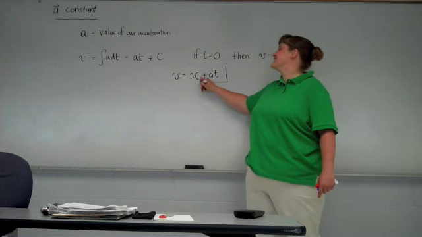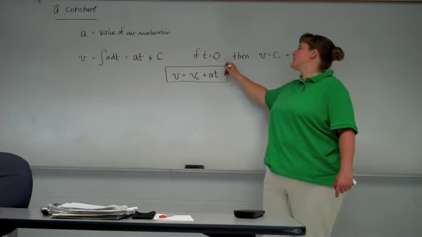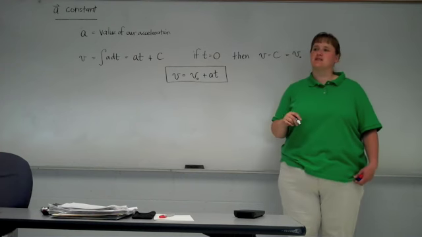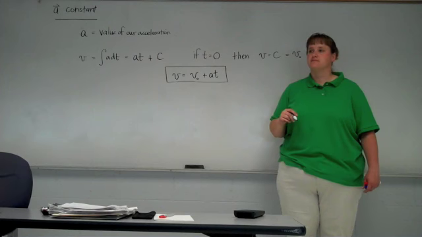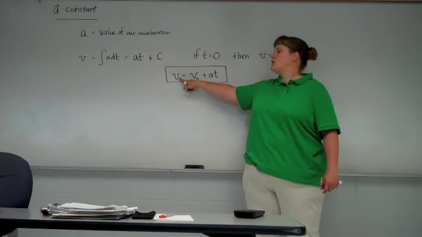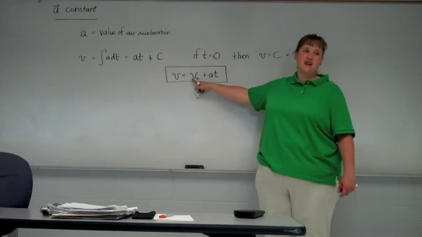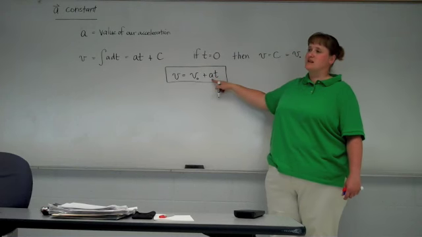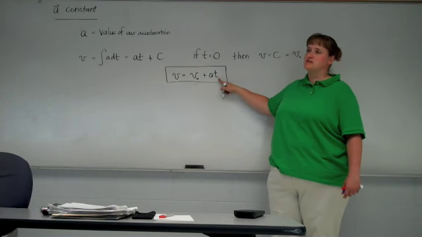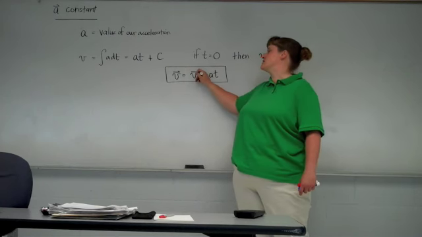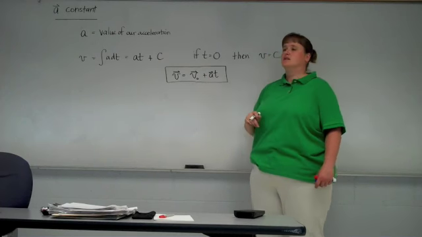The nice thing is, this equation right here can be used anytime acceleration is constant. We can always find the instantaneous velocity value if we know the initial velocity value, the acceleration value, and how long it's in place. Now technically this is a vector equation, so we really do need the arrows above it to represent.